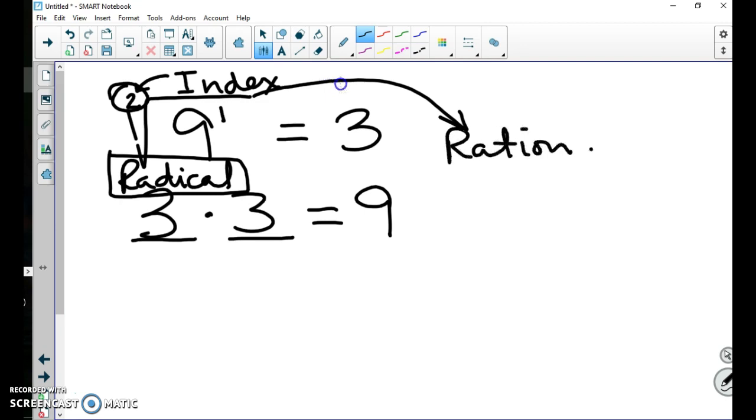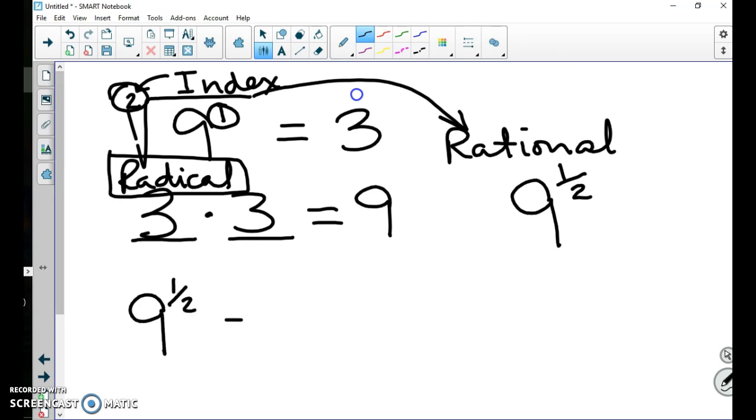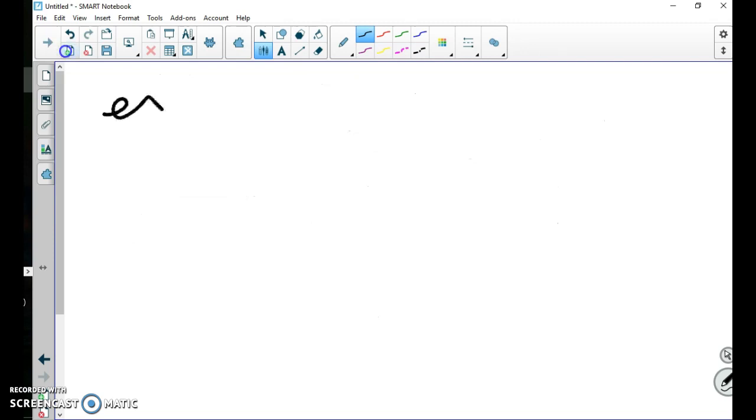And this is how it looks. The base, 9. The index is the denominator of our exponent, and the power inside is the numerator. So when we say 9 to the 1/2, we are saying take the second root of 9 to the first power. So let's look at example 1.